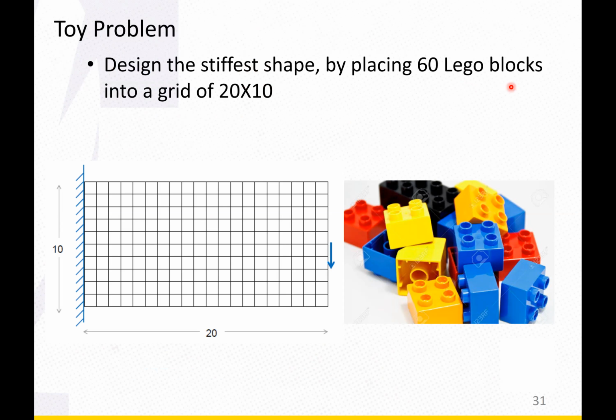And each Lego block can be placed at only one grid cell. That means you need to find a pattern for the 60 Lego blocks on a grid with 200 cells. Definitely, that's an optimization problem.